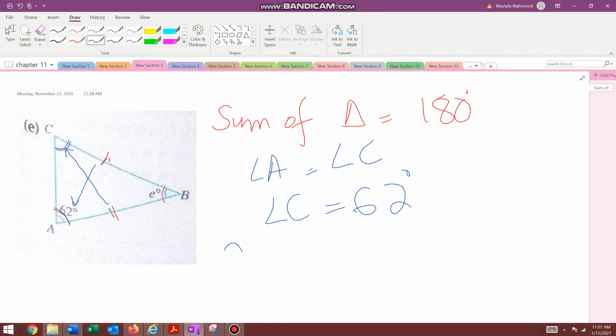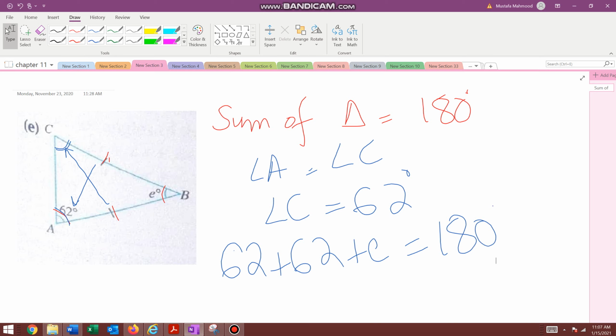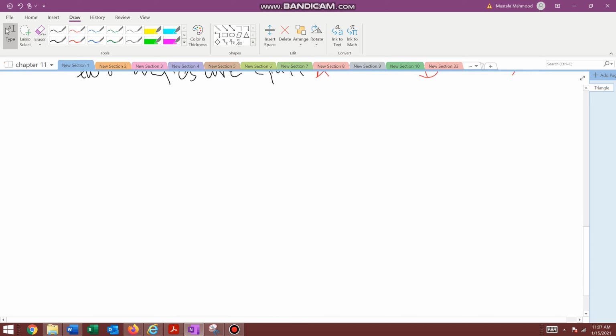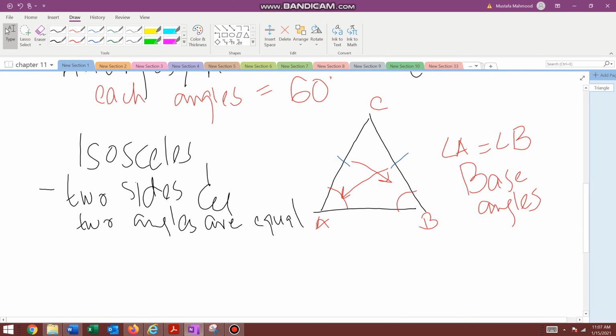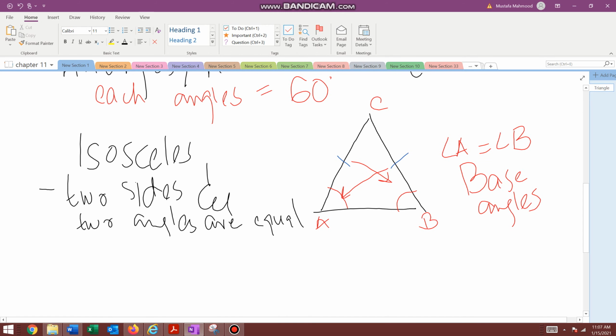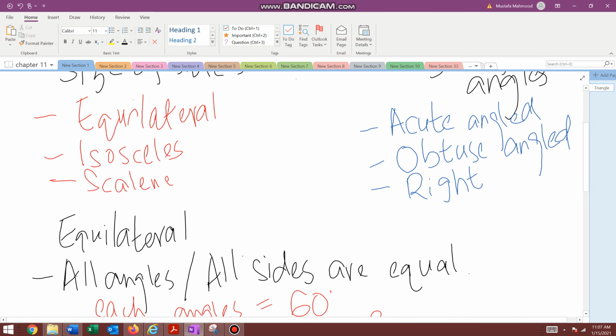So now you can do 62 plus 62 plus E is equal to 180 degrees, and this will tell you what the value of E is. Okay? Now the third type of triangle, the scalene triangle, has no sides equal and no angles equal. So it doesn't have any particular property except for the fact that the sum of all angles is equal to 180 degrees.